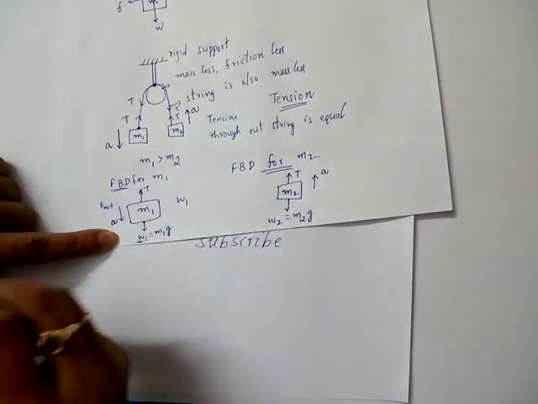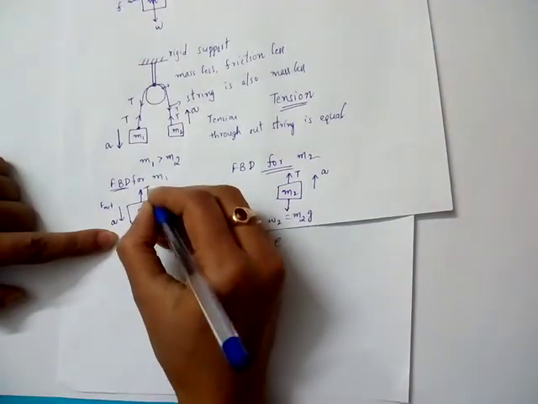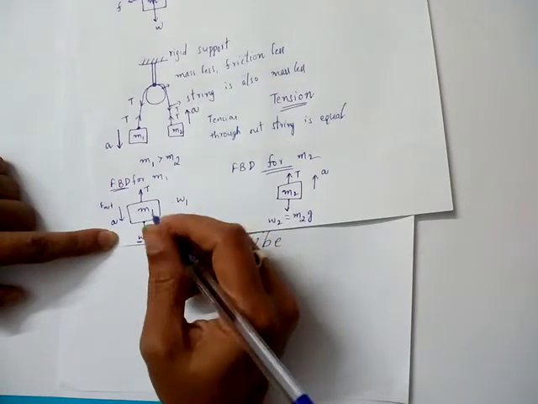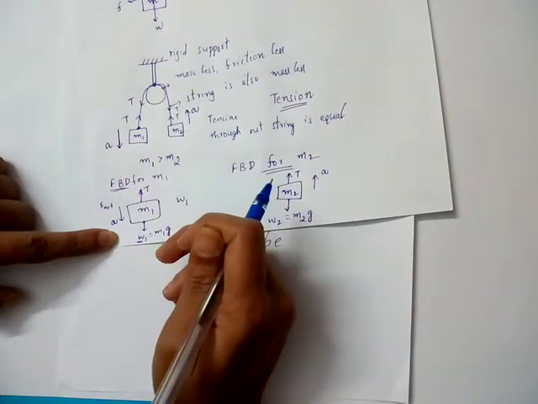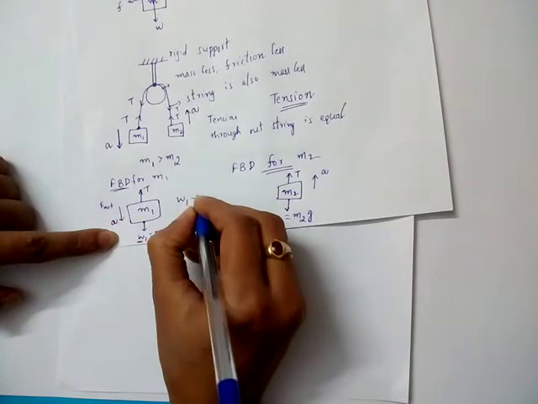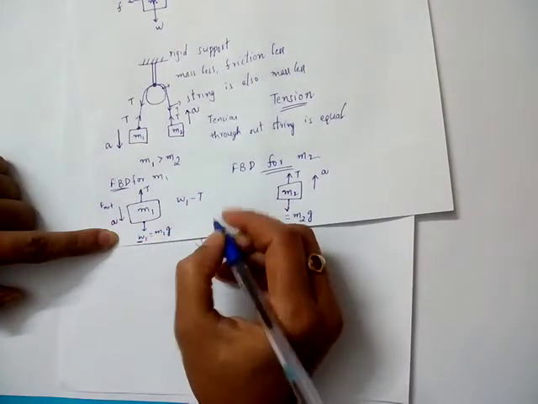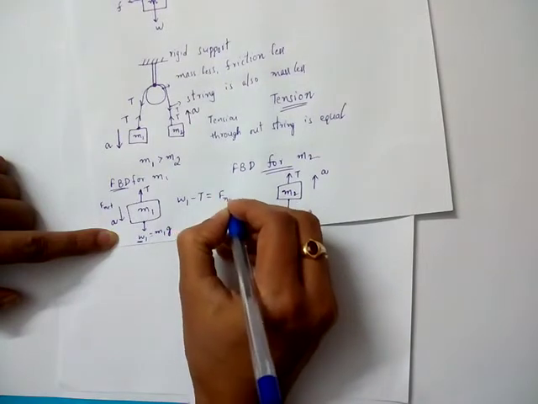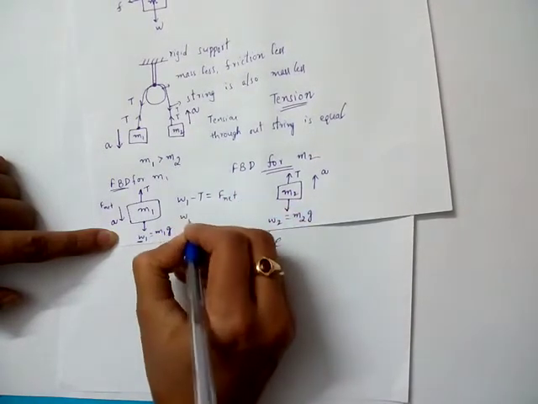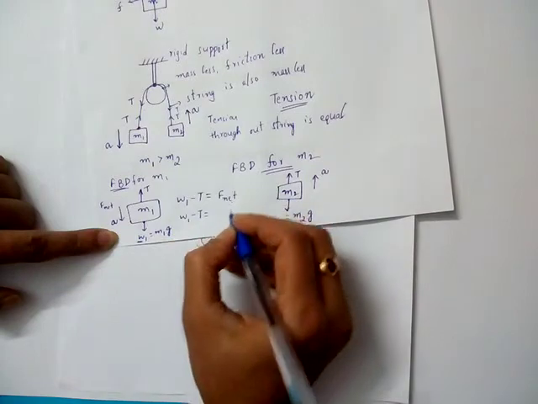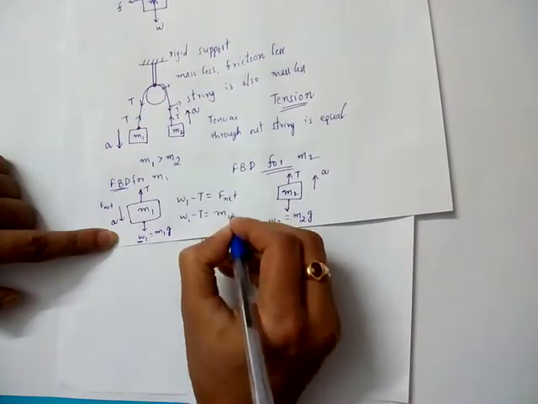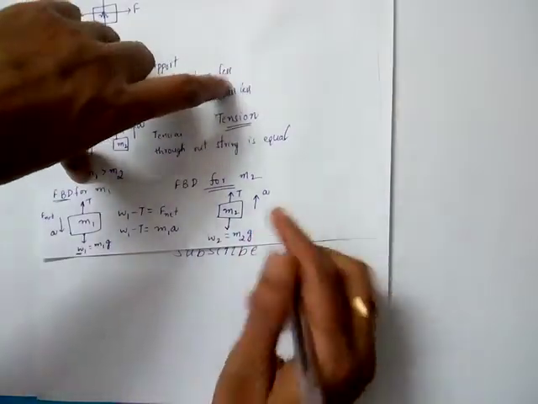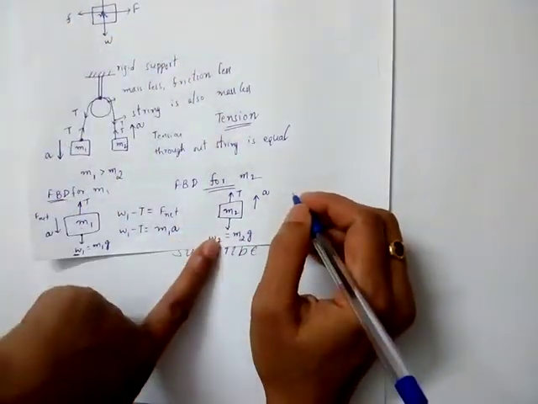W1 and tension are both acting in opposite directions, so you have to take the subtraction of the forces. W1 minus T is equal to F net, which is M1A.